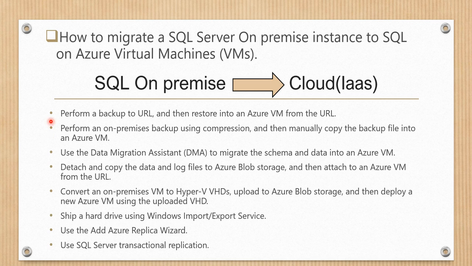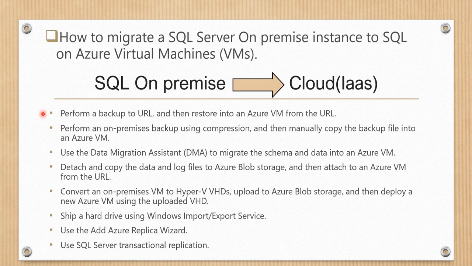So how do we migrate on-premise to the cloud? These are the different methods listed on the Microsoft website. I'll show you these three methods in the next videos: how to perform a backup to URL, how to back up files to a storage account in Azure, and we can also use Data Migration Assistant.